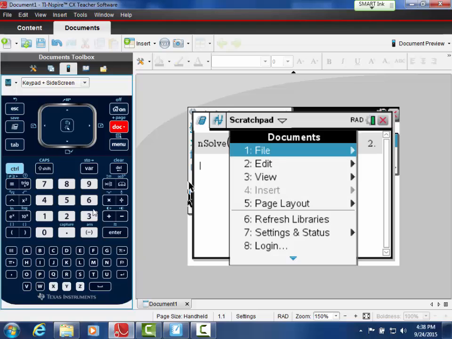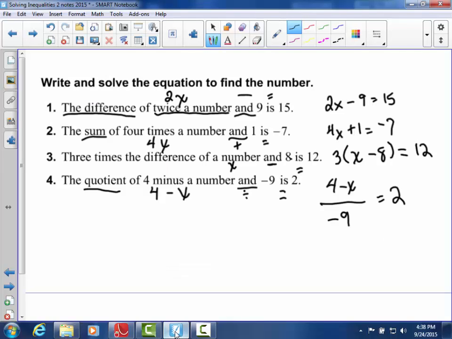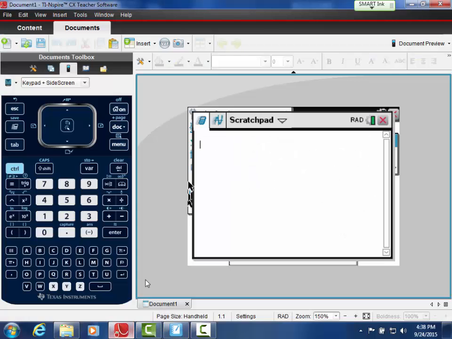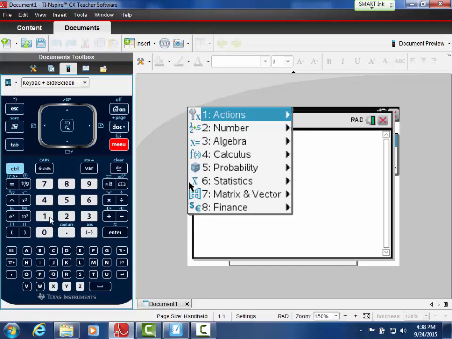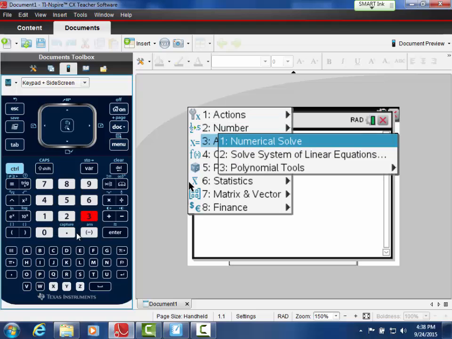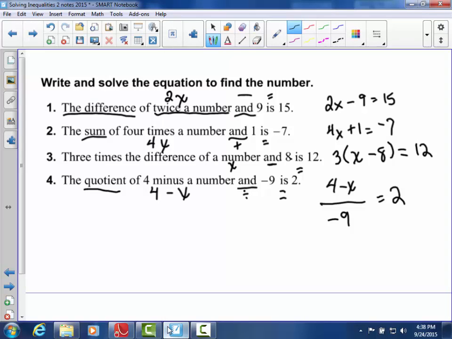Okay, let me clear my screen. All right, and we had, what was one of our problems? We had 4 minus x divided by -9 equals 2. So in my calculator, I would press menu, number 3 for algebra, 1 for numerical solver, and then I would type my equation, which was 4 minus x divided by -9 equals 2.